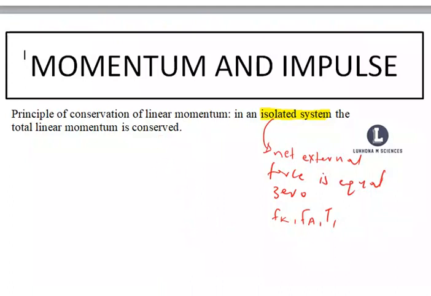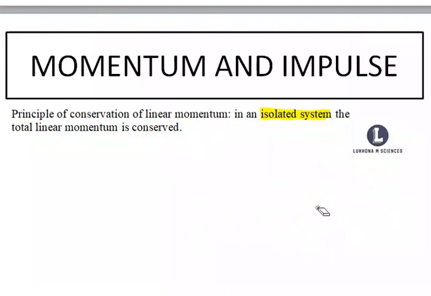So this is the principle of conservation of linear momentum. In an isolated system, the total linear momentum is conserved. What does that mean?